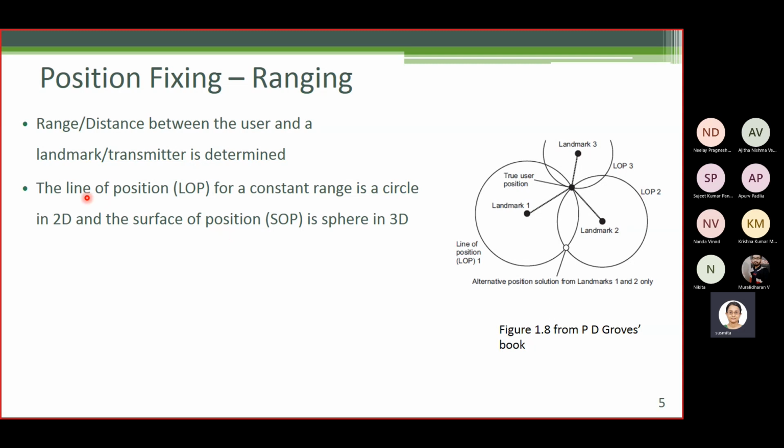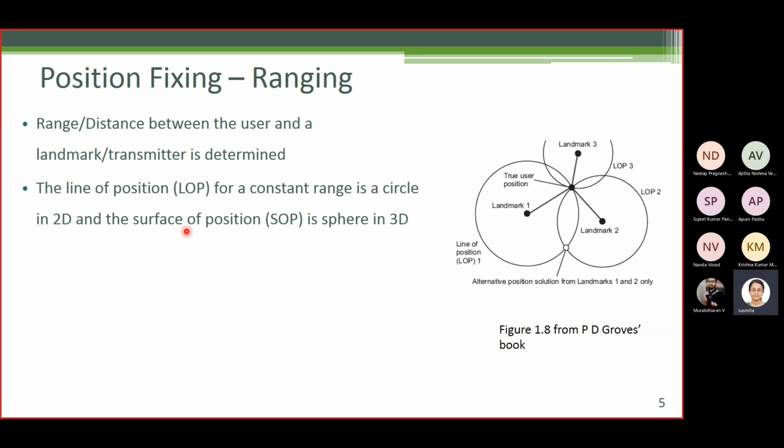We no longer have a line, we have a surface, which is called surface of position. So in 2D, we have lines of position, and in 3D, we have surface of position.